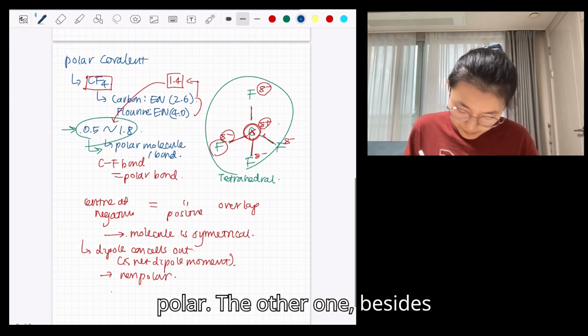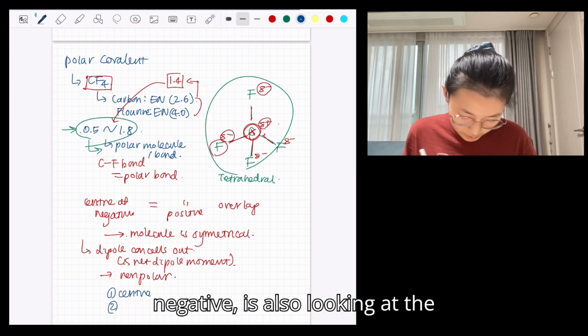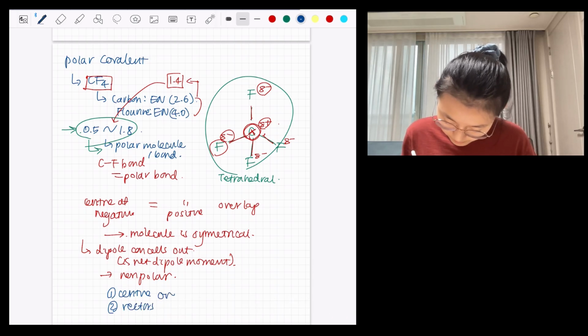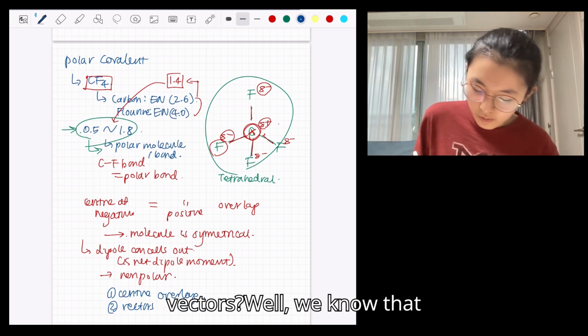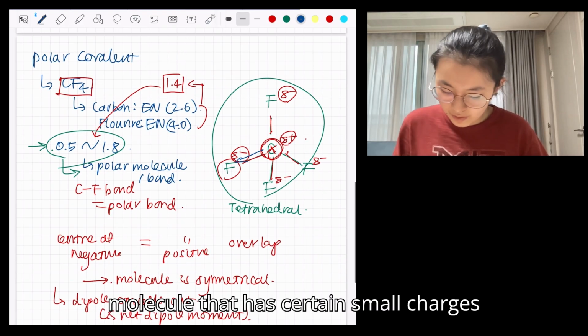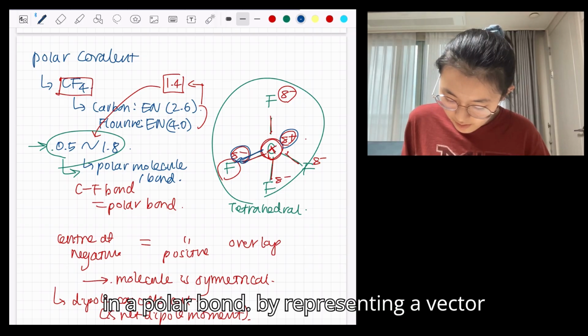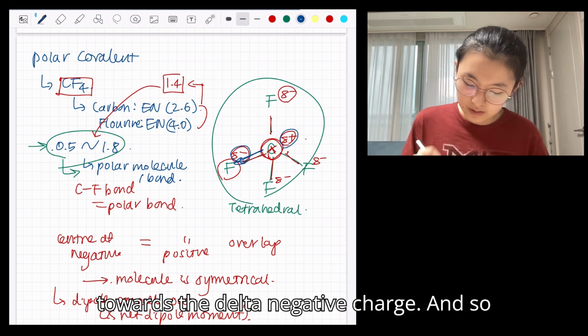The other one, besides judging the center of positive or negative, is looking at the vectors. What do I mean by looking at the vectors? Well, we represent a vector in a molecule that has small charges in a polar bond by a vector line that goes from the positive charge towards the delta negative charge.